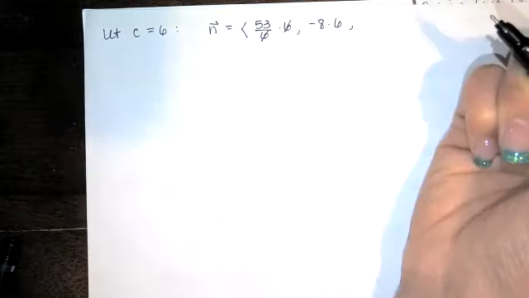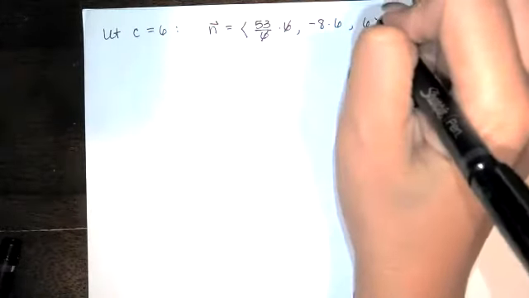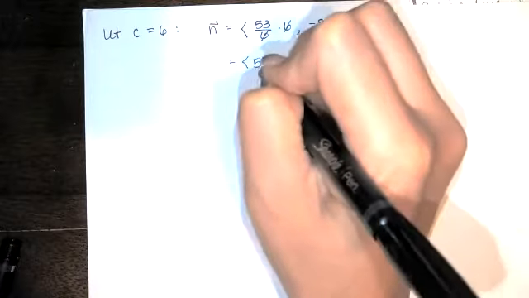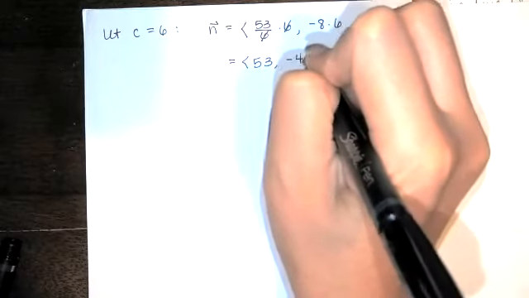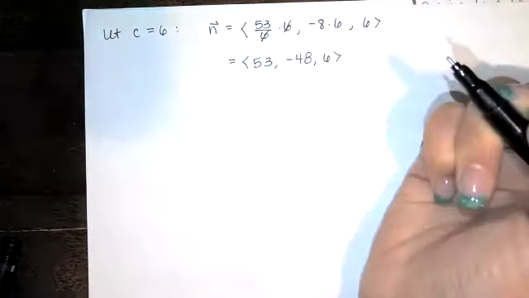So let's let C equal 6. Then our normal vector is 53 over 6 times 6 by design. It's going to be 53 for our x component, negative 8 times 6 for our y component, and 6 for our z component. So my A, B, and C are 53, negative 48, and 6.